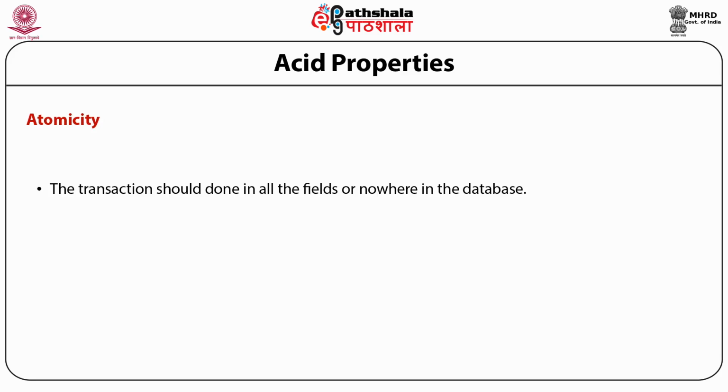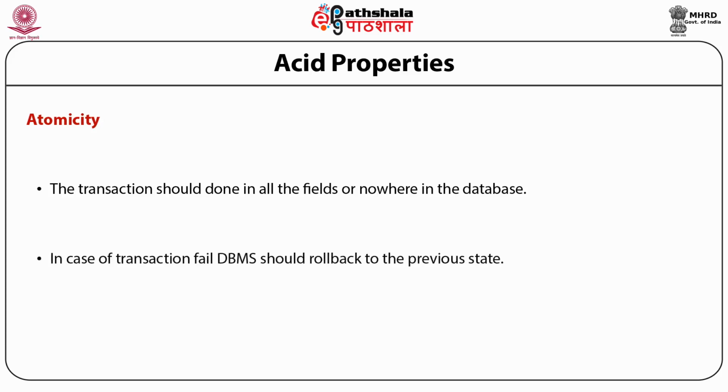What it says is, if you make any change in the database management system, or you make a change in a particular field, the change should be reflected across the whole database. If at all there is a break or a fail in between, the system should roll back to the previous condition. That means there should not be any change. That is what it says: the transaction should be done in all the fields or nowhere in the database.